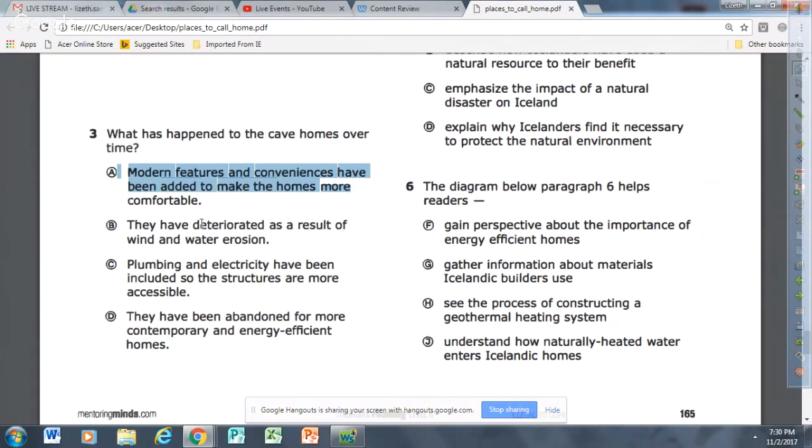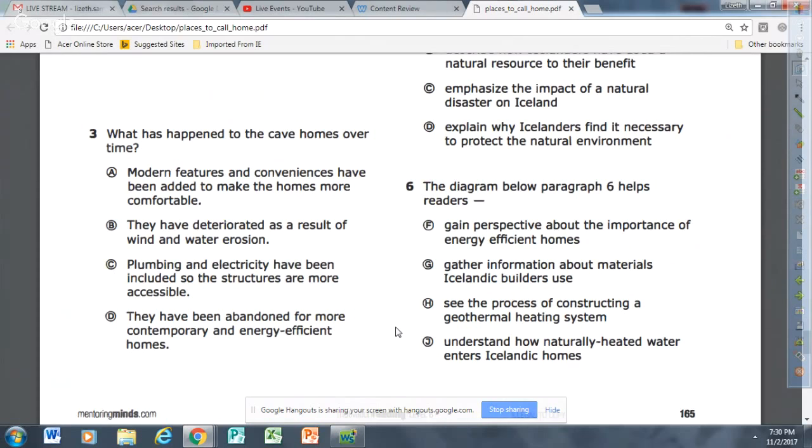Okay, maybe. They have deteriorated as a result of erosion. Is that even on there? I don't know. Plumbing and electricity have been included so the structures are more accessible, or they have been abandoned for more contemporary and energy efficient homes. So I'm thinking you guys can automatically narrow it down to a couple of answers. Have they been abandoned? Have they deteriorated because of wind and erosion?